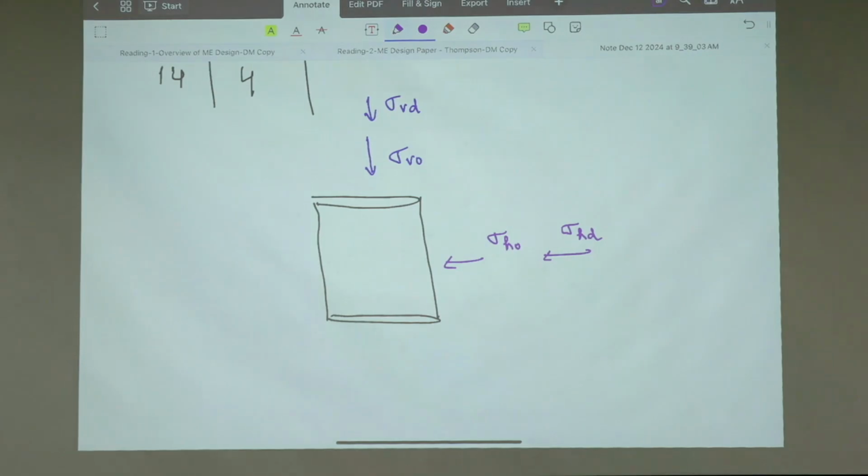So in your data sheet, this is axial base stress. This is axial deviator stress.